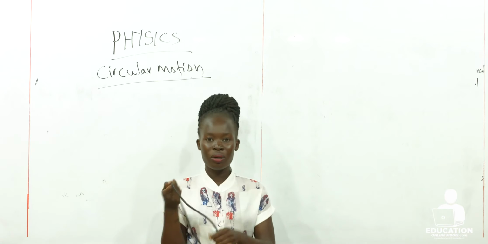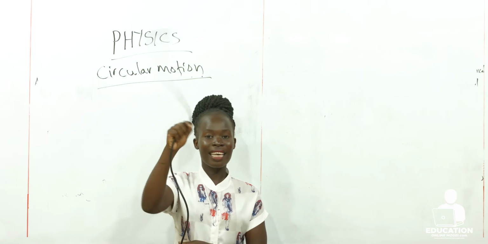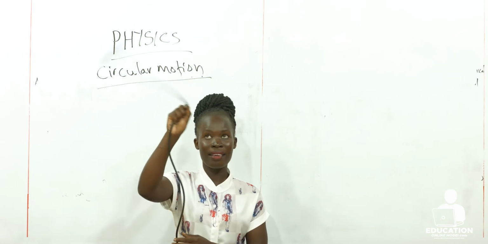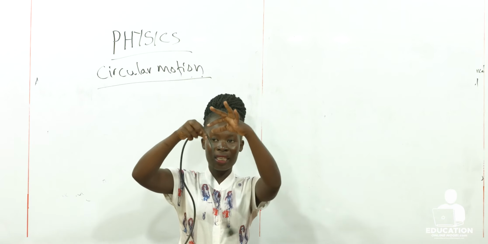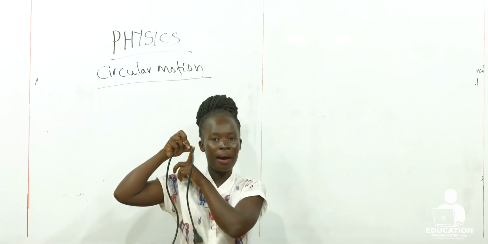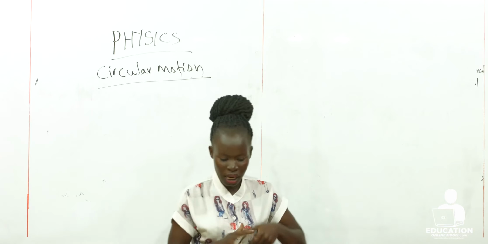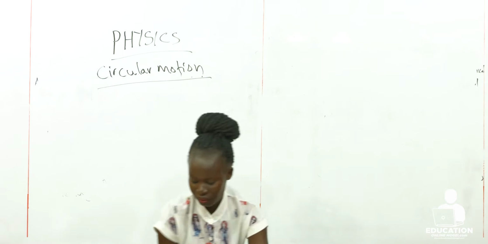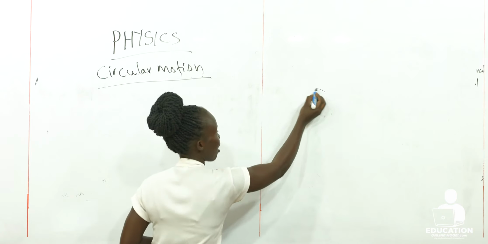And then the circle. Where is the center of the circle here? The center of this circle made by this wire is right here. It is this point I am actually holding. This becomes the center. This is how it is moving.